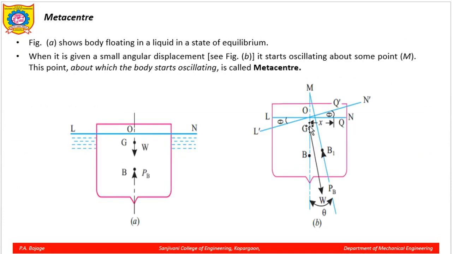You can see this distance between G and M is the metacentric height, because B has got shifted to B1 and the body oscillates about the point M, that is the metacenter. The distance GM is called the metacentric height.